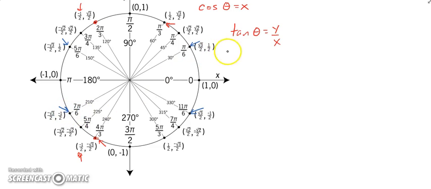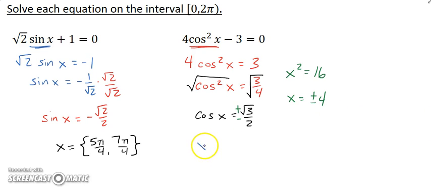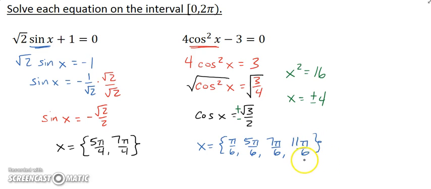So I actually have 4 options to give for my answer here. So the solution set here is, and I'll just list all of them, pi over 6, 5 pi over 6, 7 pi over 6, and 11 pi over 6. And all 4 of those values for x solve this equation.